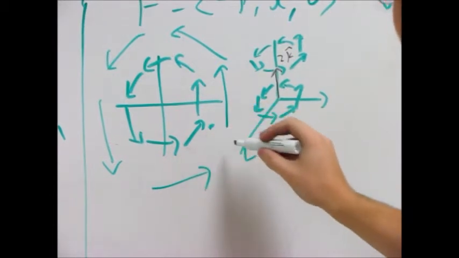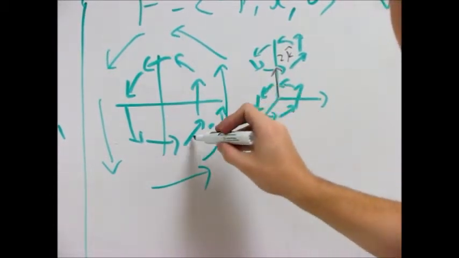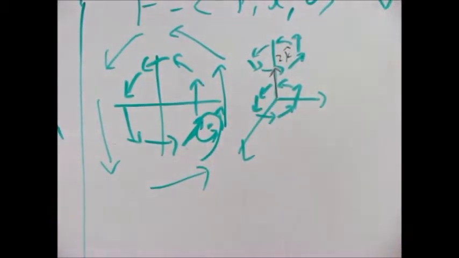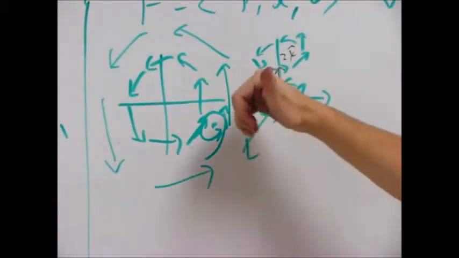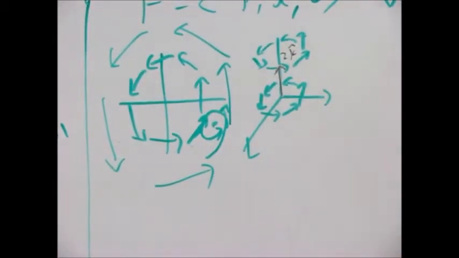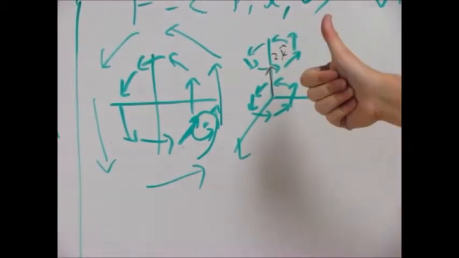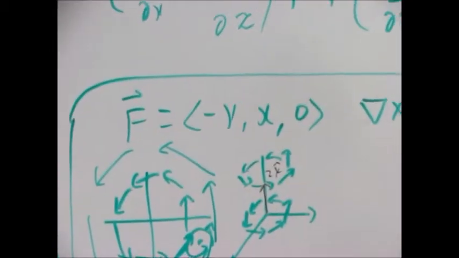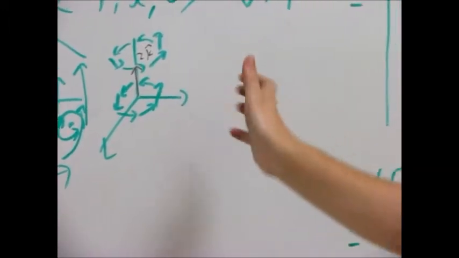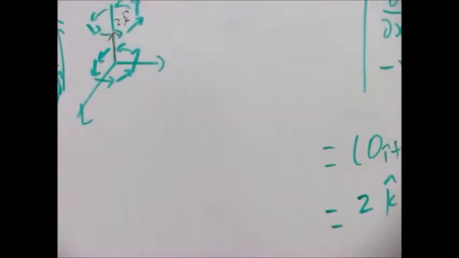So at a point right here, it's going to curl more this way than this way, so the overall curl is going to be counterclockwise again. So everywhere it's curling, it's going to curl the same amount too. And in the k direction, k is the axis of rotation. And then, of course, by the right-hand rule, it's going up, so it's going to curl counterclockwise around that.